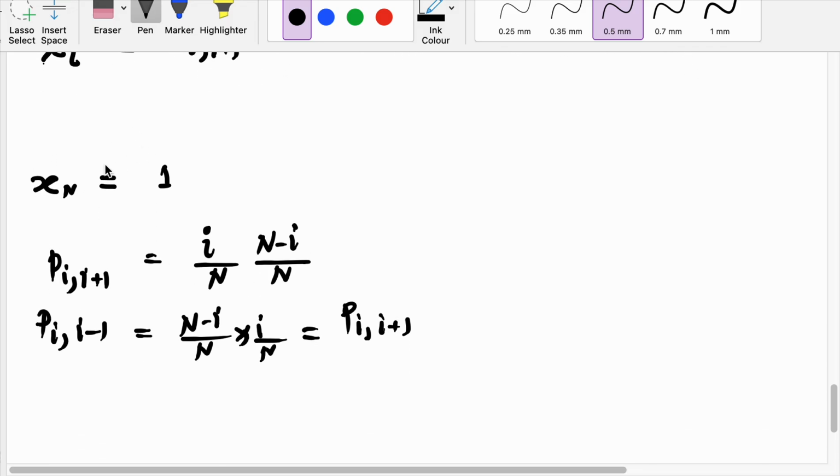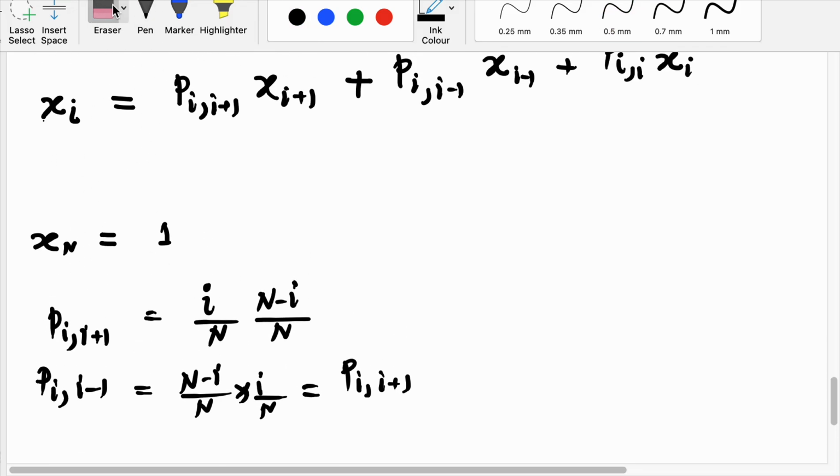So now we can solve it by writing this. Let me solve it here. This is the same, so this will be p I comma I plus 1.